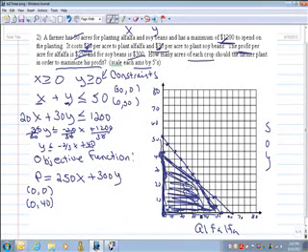We have a vertice at 30, no, sorry. Yes, 30, I was off. 30, 20. And then finally, we have a vertice at 50, 0.